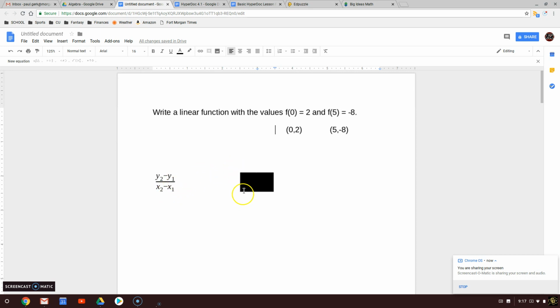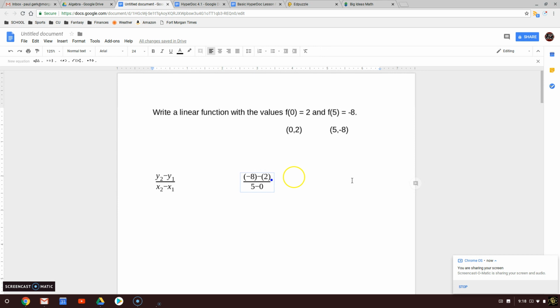All right, so now let's see what we get. So y2 is -8 minus my y1, which is 2, over 5 minus 0.